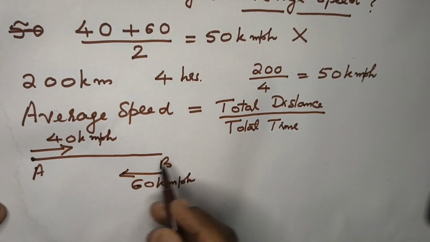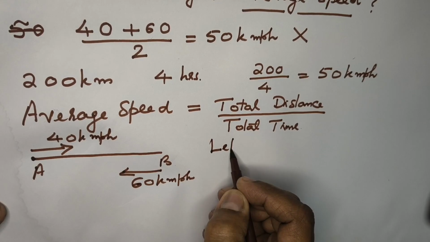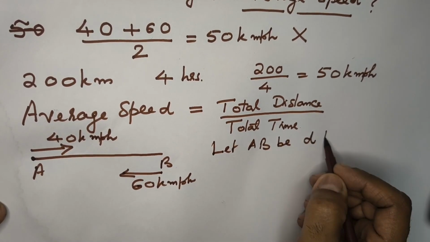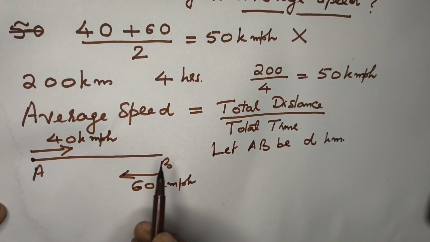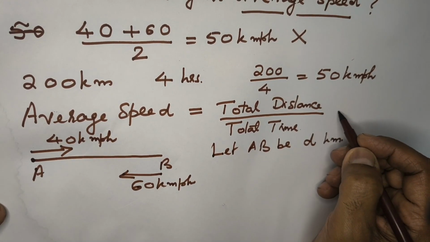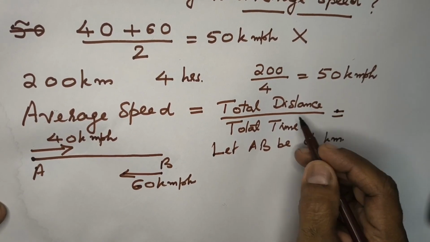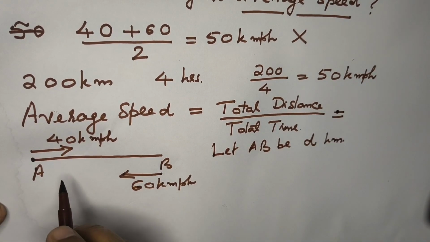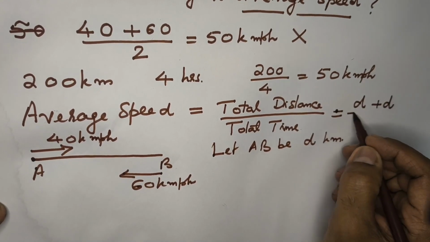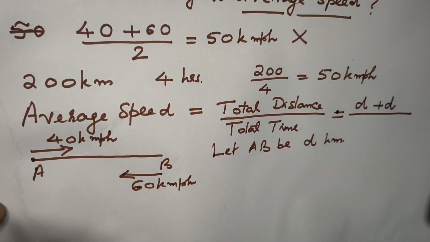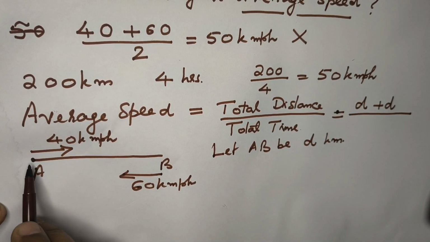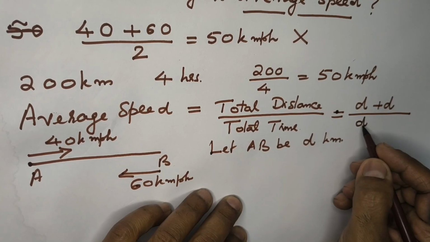Now, since the distance is not given, let's assume let AB be say D kilometer. So when someone goes from here to here and back to A, what will be the total distance he has covered? Total distance he covers will be D plus D. Correct? Yeah, this is the total distance he has covered. And what about the total time he took for moving from A to B, for which the distance is D?